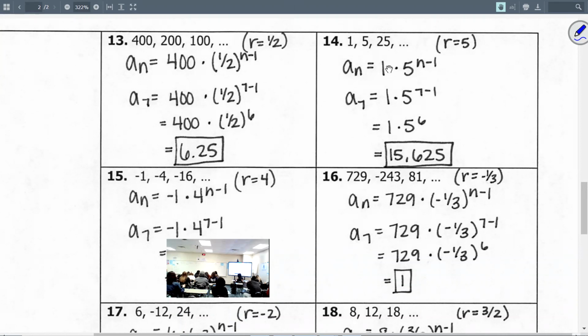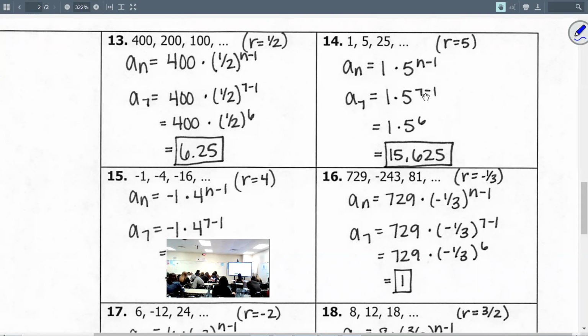It's going to be on the board throughout the test. So a sub 1 is 1. My common ratio is 5. So take each term divided by its previous term. That gives you what R is. All right, make sure R is the one attached to the n minus 1. And then to find the 7th term, it won't always ask you for the 7th term, but it does for these problems. You just plug in 7 where the n goes.